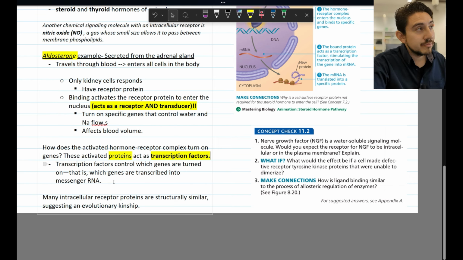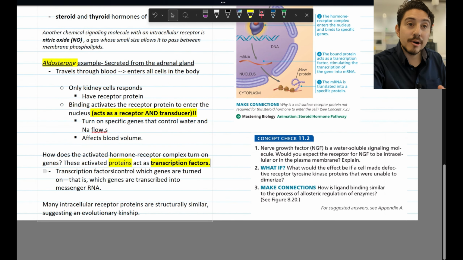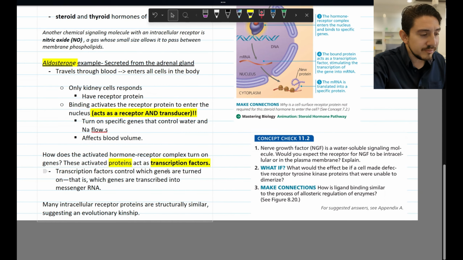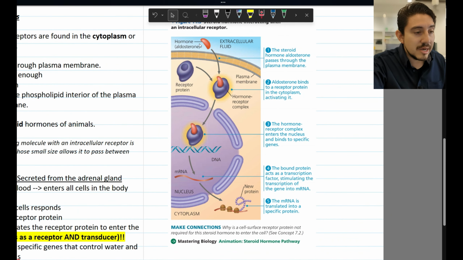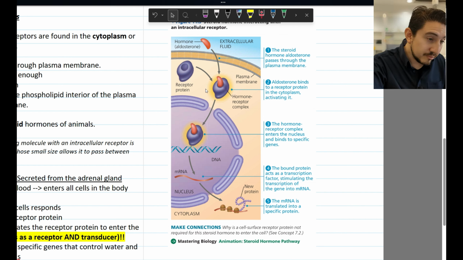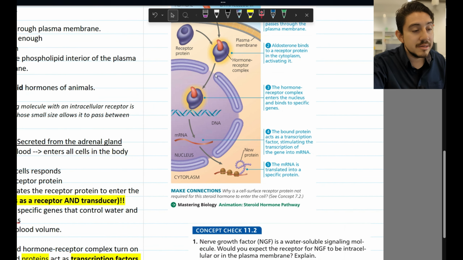So it would regulate the process of transcription, ultimately creating mRNA, or messenger RNA. Very interesting subject we're going to get into. So this is an example of what I was talking about. You have this hormone, aldosterone, that diffuses and can just pass through the membrane. It comes in and binds to a particular receptor protein in the cytoplasm, making this complex, which will shuttle it into the nucleus.